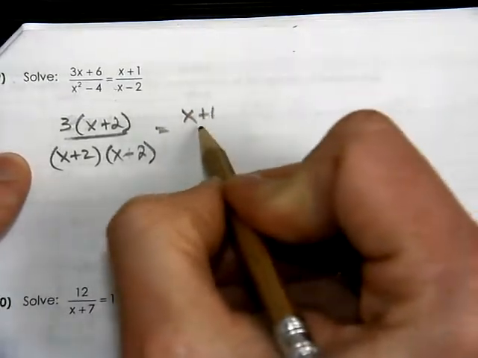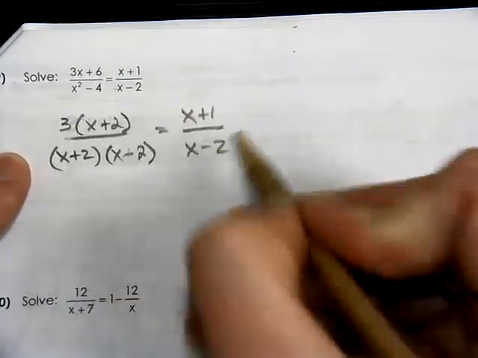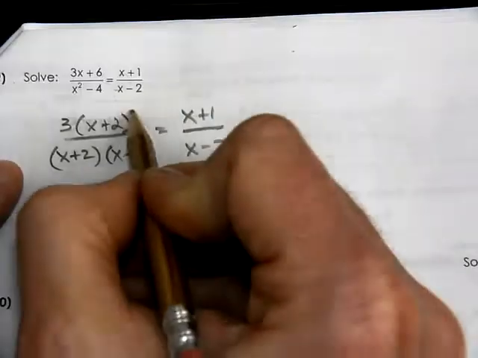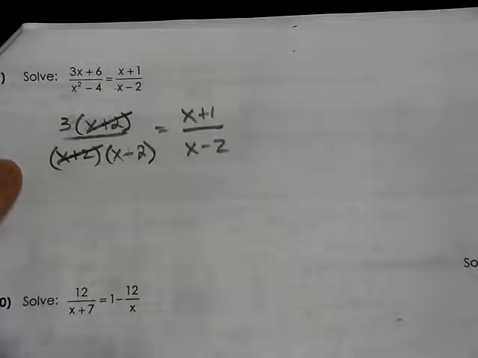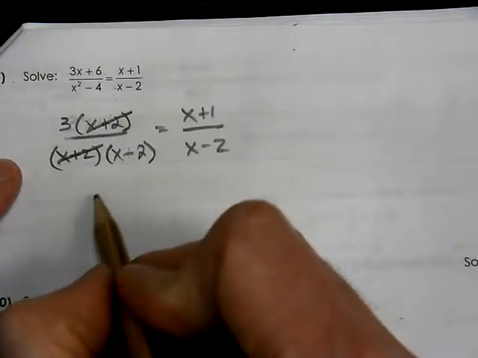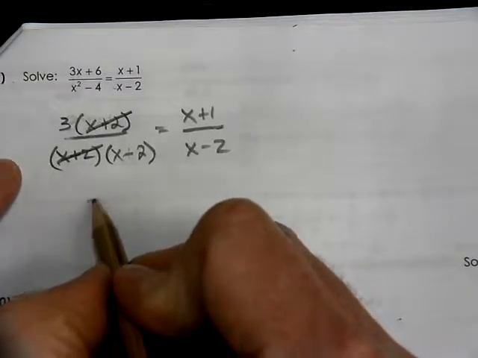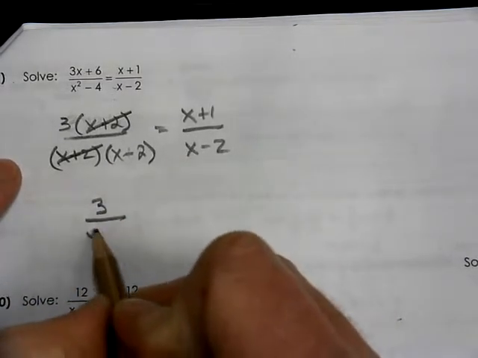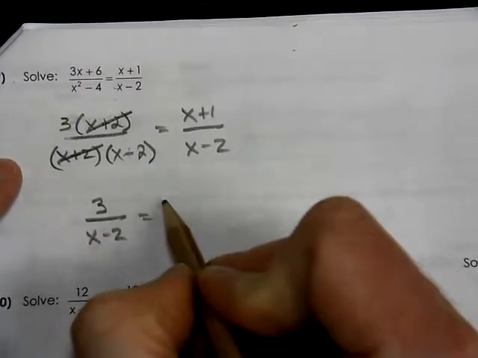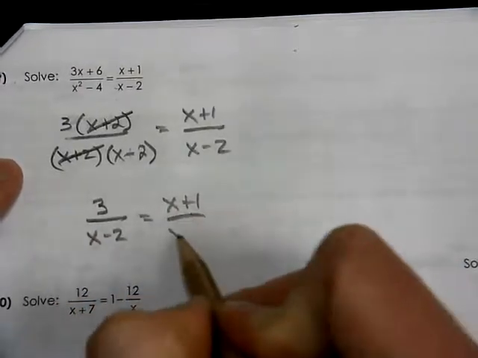This side, I have an x plus 1 and an x minus 2. Well, first of all, I see offhand that those are going to cross off. It's going to be very helpful this way. So I'm going to be left with a 3 and x minus 2, x plus 1 with an x minus 2.